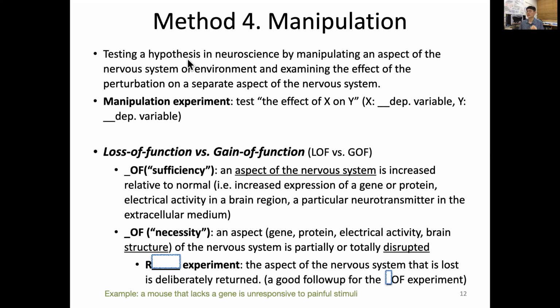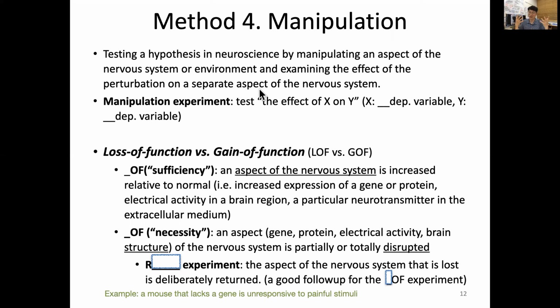The fourth is testing hypotheses in neuroscience by manipulating an aspect of the nervous system or environment, and examining the effect of the perturbation on a separate aspect of the nervous system. From an engineering point of view, let's say we have some kind of radio system or mechanical system. We want to understand its system characteristics by changing the input and seeing how the output changes.